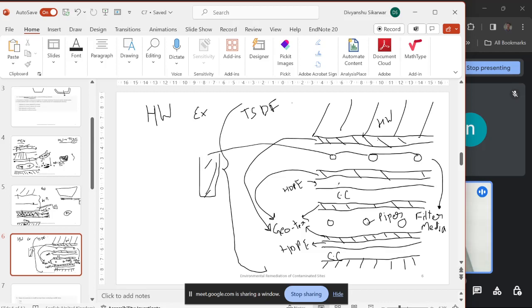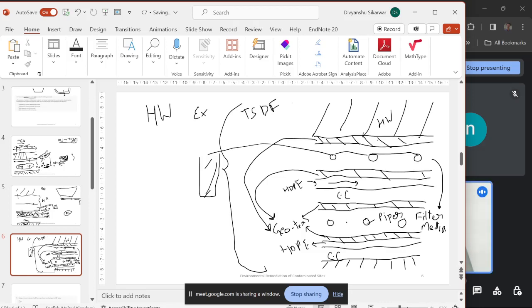If this HDPE layer gets punctured or cracked from some place, then this leachate will travel in the downward direction, and after some time, after traveling through the clay layer, it will come to the second filter media, right?